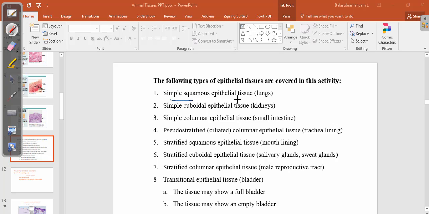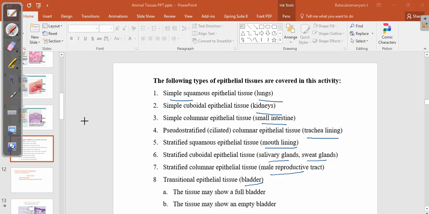The simple squamous epithelial tissues can be seen in the lungs, and simple cuboidal in the kidneys, and then simple columnar epithelium in the small intestine, and then the pseudo-stratified in the tracheal lining, and then the stratified squamous epithelium in the mouth lining, and then you can see stratified cuboidal epithelium in salivary glands and the sweat glands, and then the stratified columnar epithelium in the male reproductive part, and the transitional epithelial tissues in the bladder, and that's about the major things.